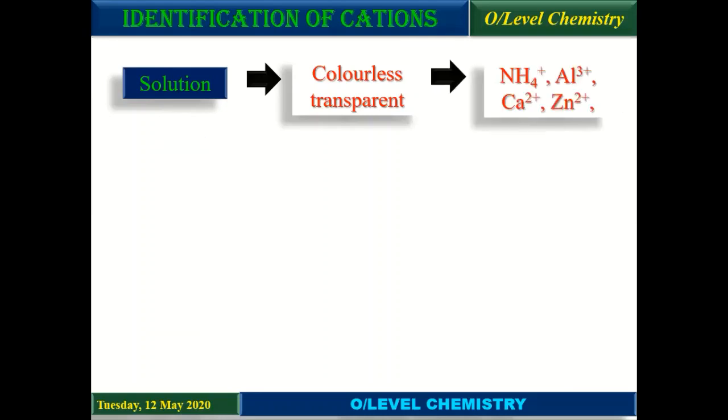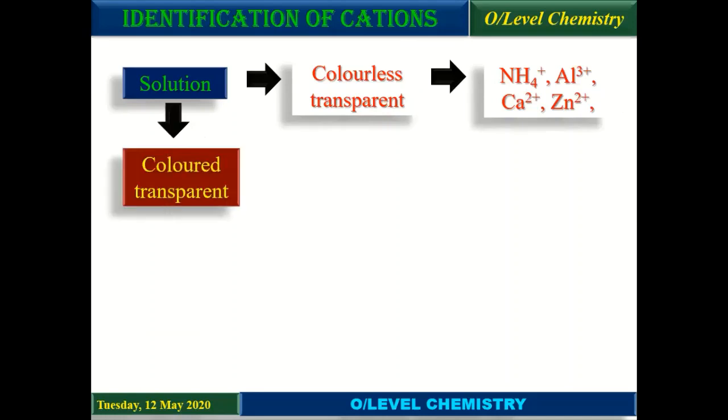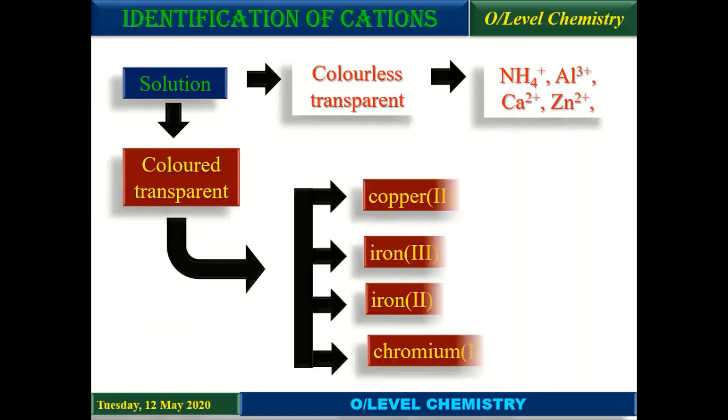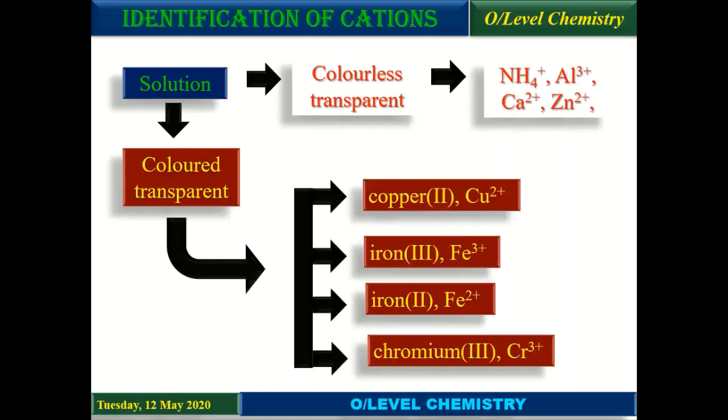Then the cations might be ammonium ion, aluminium ion, calcium 2 plus ion, and zinc 2 plus ion. If we have a colored transparent solution, then we might have copper 2 ion, iron 3 ions, iron 2 ions, and chromium 3 ions. There might be some other ions, but in our Cambridge syllabus, these are included.